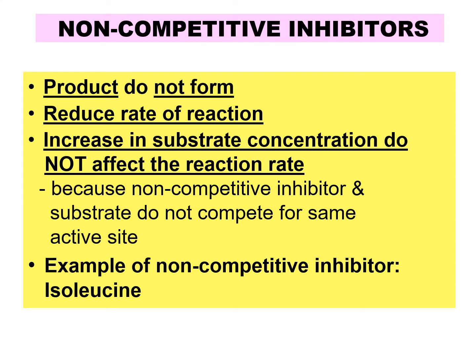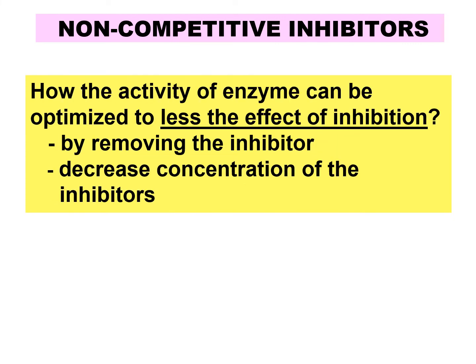So even though we increase the concentration of the substrate, the substrate will not have any chance to bind to the active site, because the conformation, the shape of the active site, is no longer compatible with the substrate. An example of a non-competitive inhibitor is isoleucine.